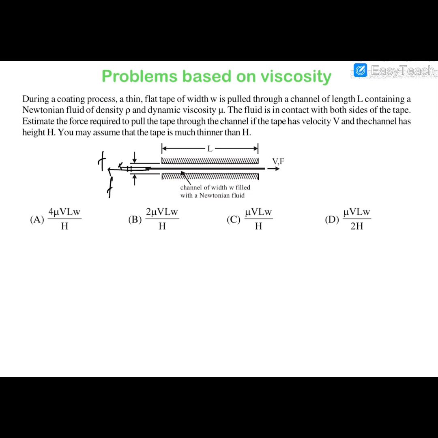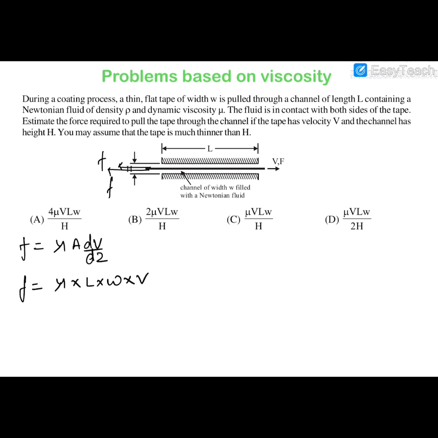the tape, and the viscous force on any one side of the tape will be eta A dv by dz, and f will be equal to mu, and area will be L into depth W. Okay, so L into W, and the velocity of the tape is V, and dz is the gap between the surface of the tape.